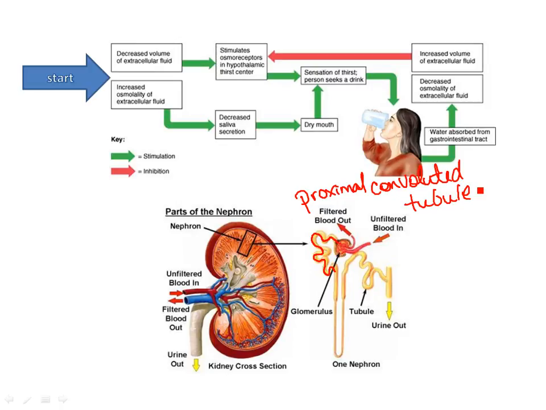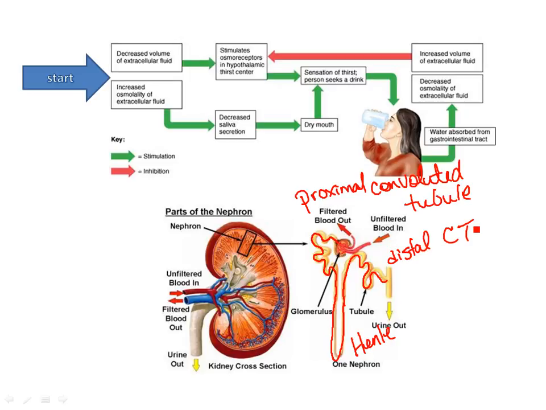Okay, proximal meaning closest to. Okay, down through here we have the loop of Henle. And then the distal convoluted tubule. And I'm just going to put CT there for convoluted tubule.